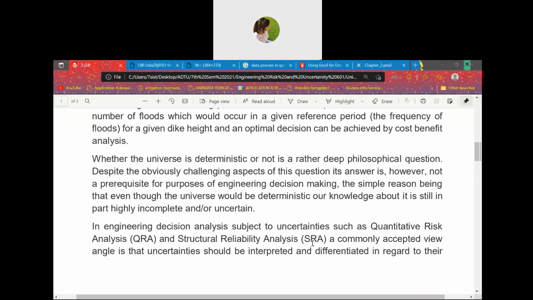In engineering decision analysis subject to uncertainties, we consider quantitative risk analysis, that is QRA, and structural reliability analysis, that is SRA. A commonly accepted view angle is that uncertainty should be interpreted and differentiated in regard to their type and origin.